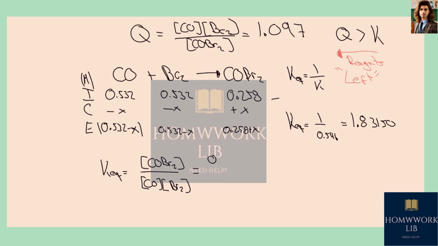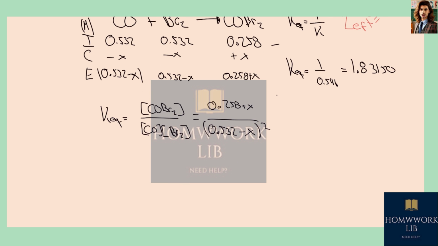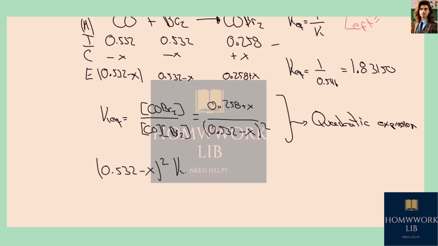Thus, we're going to end up with 0.258 plus X divided by 0.532 minus X squared. As you can see, this is going to be a quadratic expression, which we can rearrange as 0.532 minus X squared times the equilibrium constant minus 0.258 minus X equal to 0.